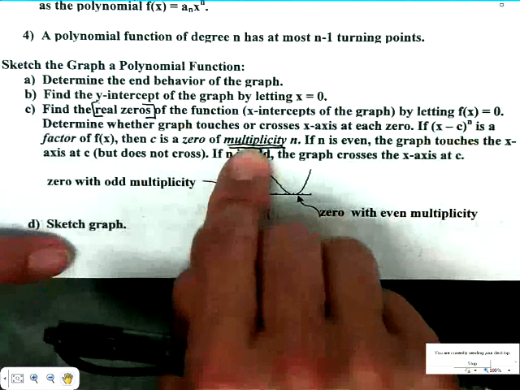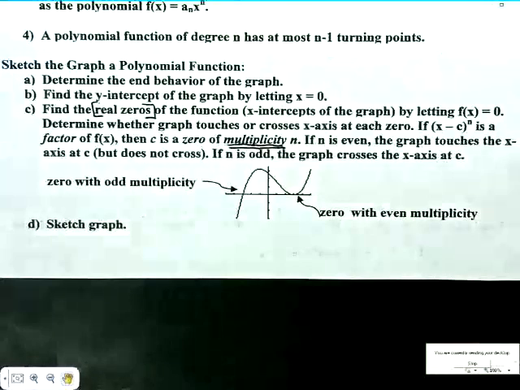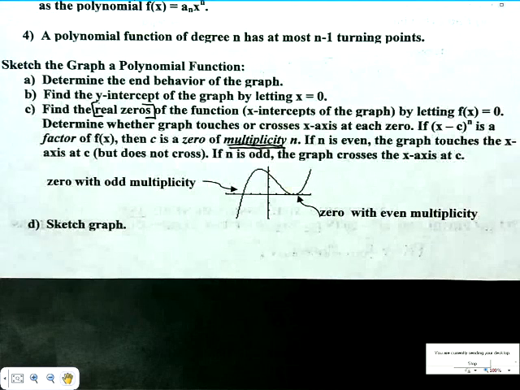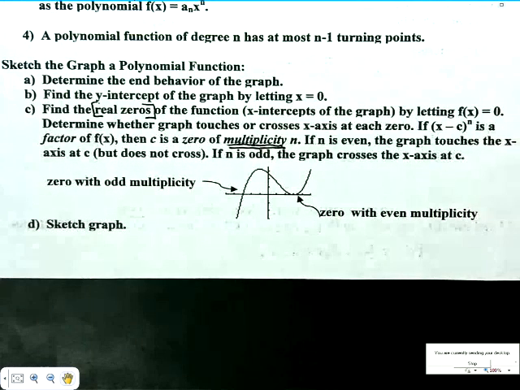So if you have x plus 7 to the 5th, what's going to be one of the x-intercepts of that function? If you set x plus 7 equal to 0, what do you get? x equals negative 7. Negative 7 is going to be one of the x-intercepts.